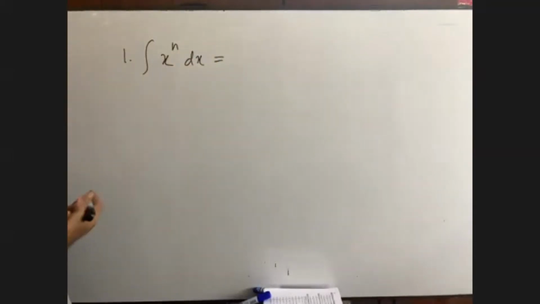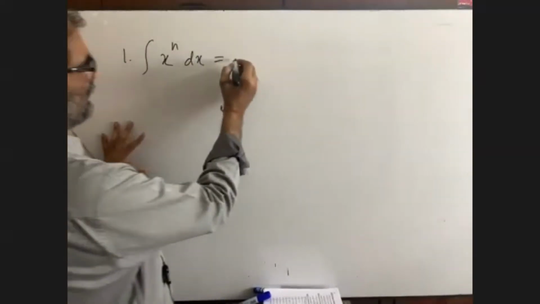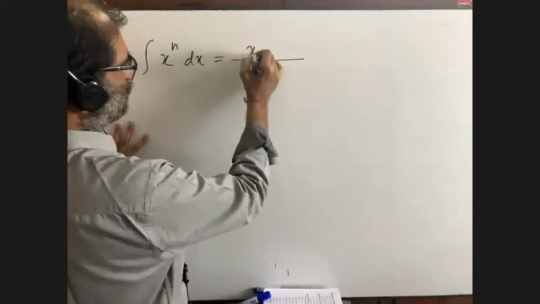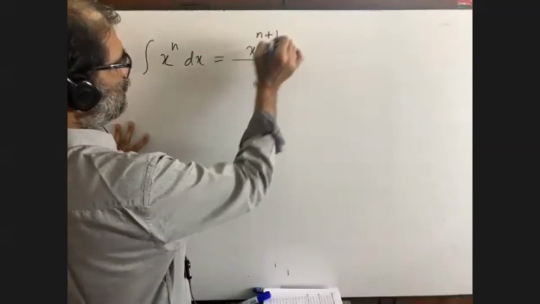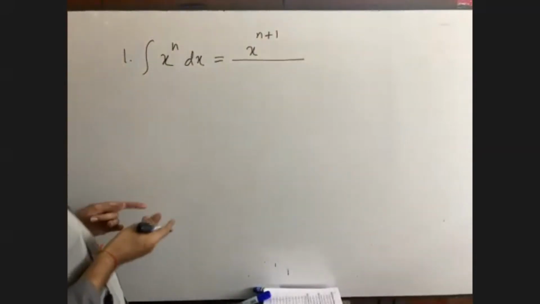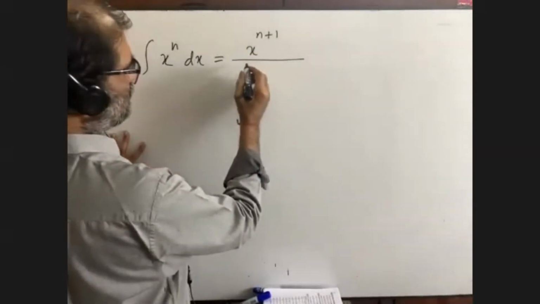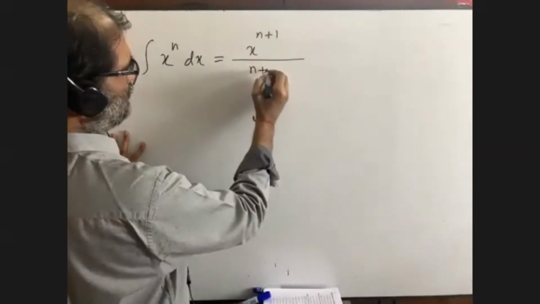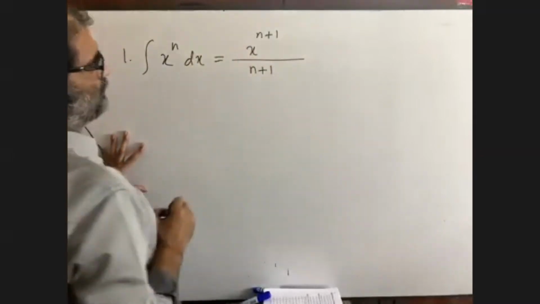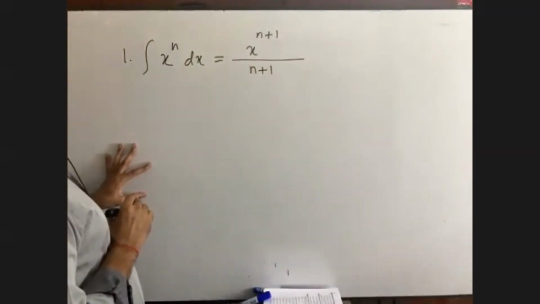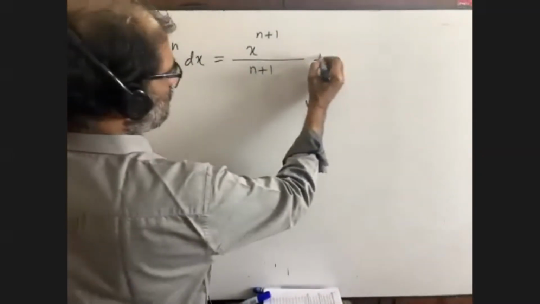What is the answer? Integration of x to the power n is x to the power n plus 1, it will be added. But for differentiation, it was subtraction. And it will be divided by n plus 1. Here it will be plus c.